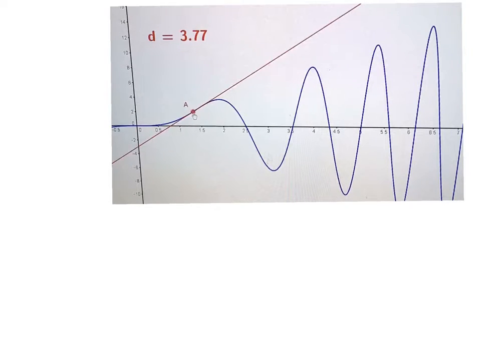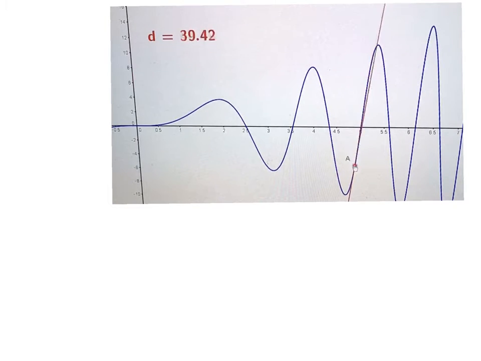We know that here the derivative is 3.77 on average. Then we continue. Here it's about negative 11, or the absolute value is 11. Now we go to the next. Here it's about 20, close to 24. Then as we continue, where the function varies rapidly now, the absolute value of the derivative increases, almost 30 here.